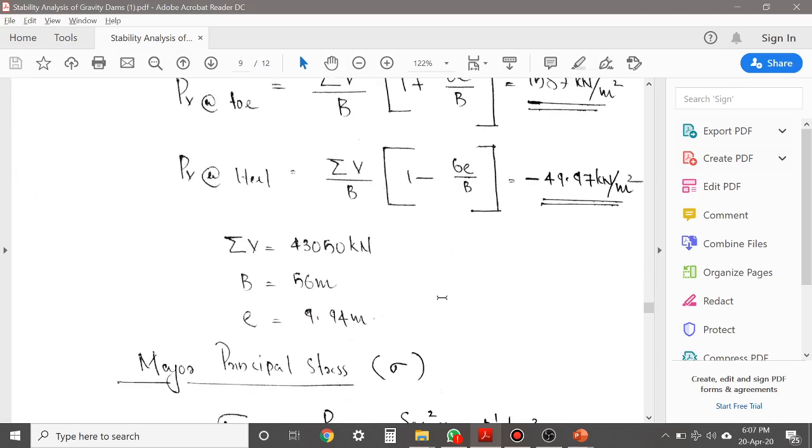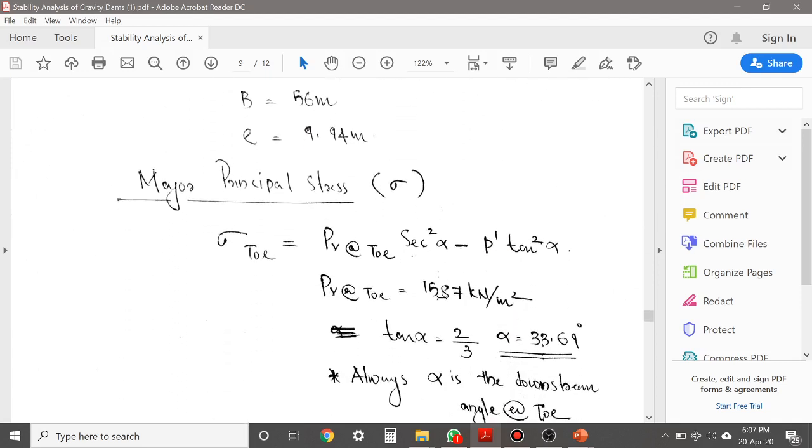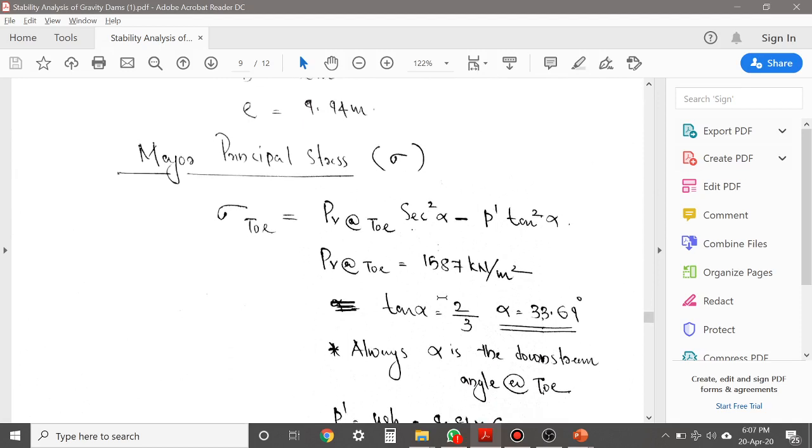Moving to the next calculation, that is major principal stress, denoted by the letter sigma. Now we are going to calculate the major principal stress at toe. The equation for finding major principal stress at toe is here. There is a term alpha and P dash.